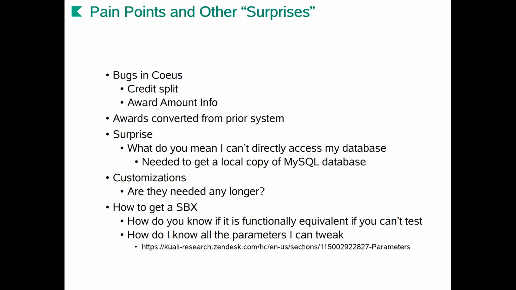The customizations, are they needed any longer? So I showed that slide with all those little circles on it that had all the modules, and we identified certain customizations. I know of working with a few schools that they found out that even in their 521 instance, not even just old MIT legacy COIUS, but in Kuali COIUS, the 521 instances, they put customizations in there.